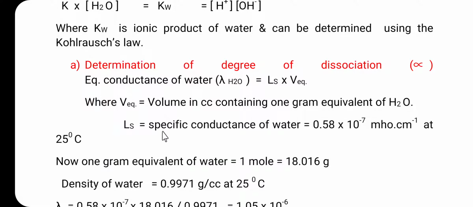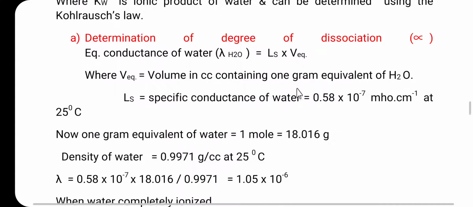The specific conductance of the water can be calculated by using the conductometer and by measuring the resistance of the water, and the value is 0.58 into 10 raised to minus 7 ohm inverse centimeter inverse at 25 degrees Celsius. This value is substituted in this formula. Then how to find out V?